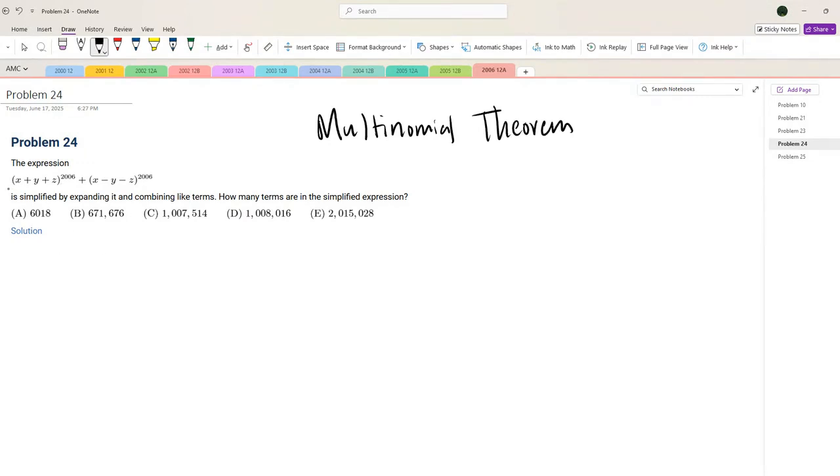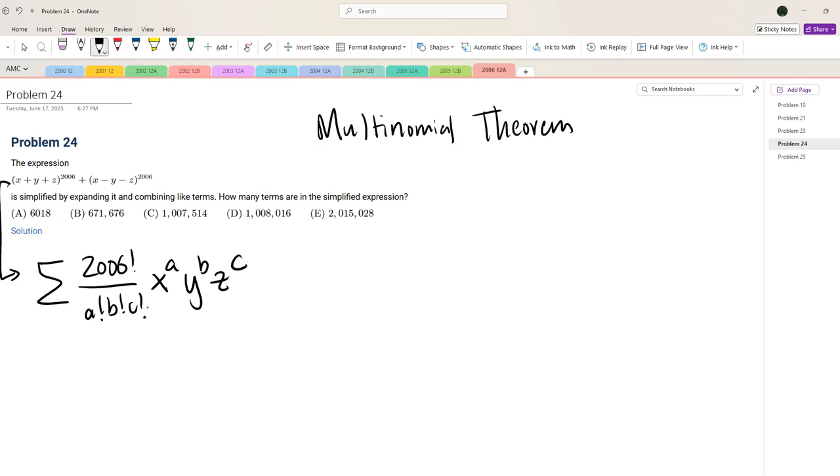So the first term in this expression can be written as the sum of 2006 factorial over a factorial b factorial c factorial times x^a y^b z^c, where a plus b plus c add up to 2006.